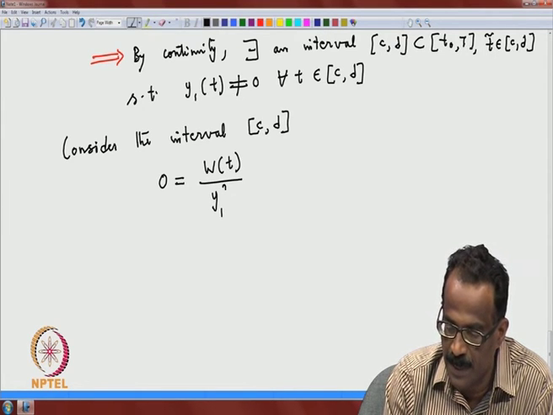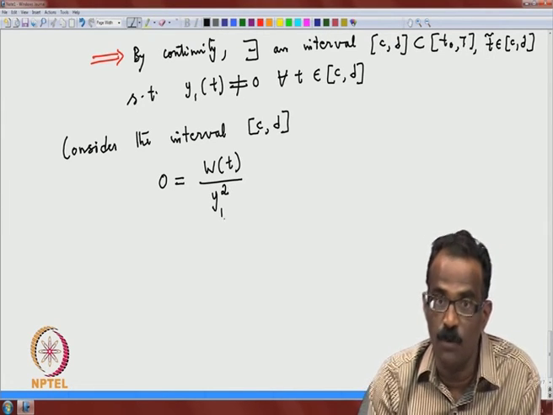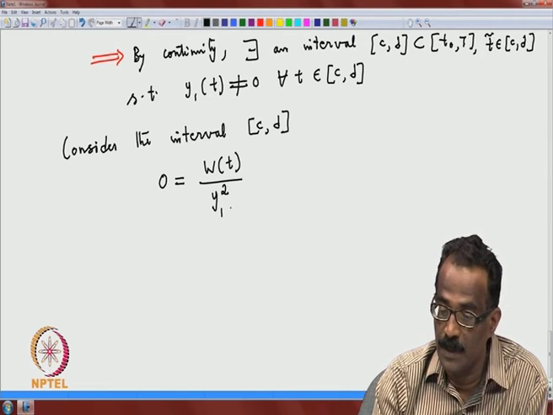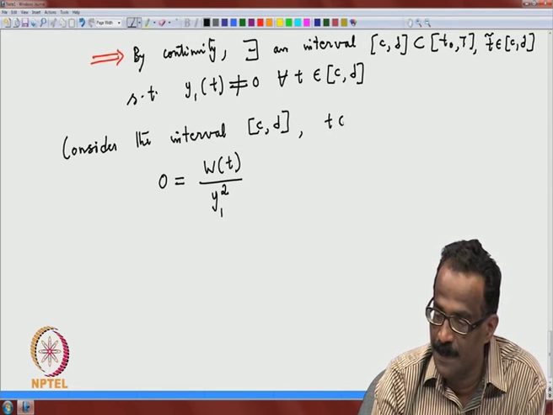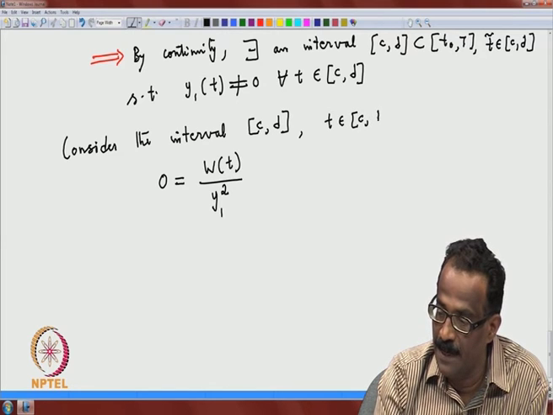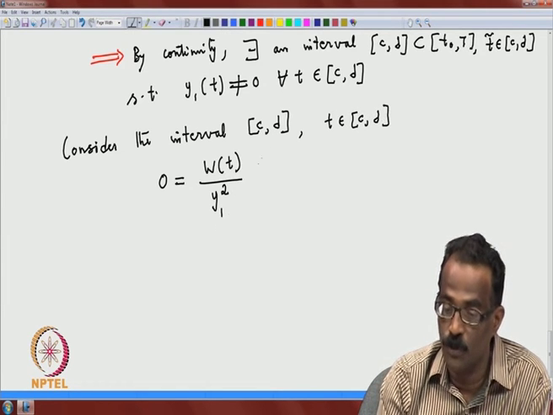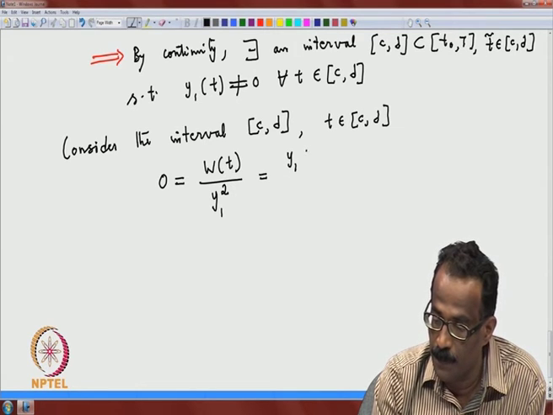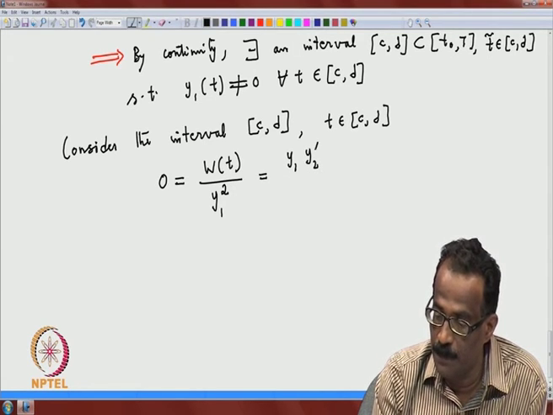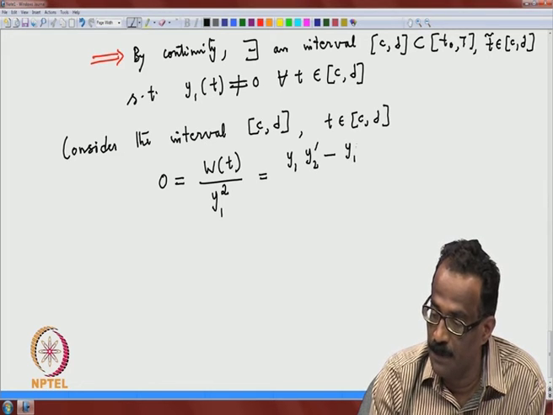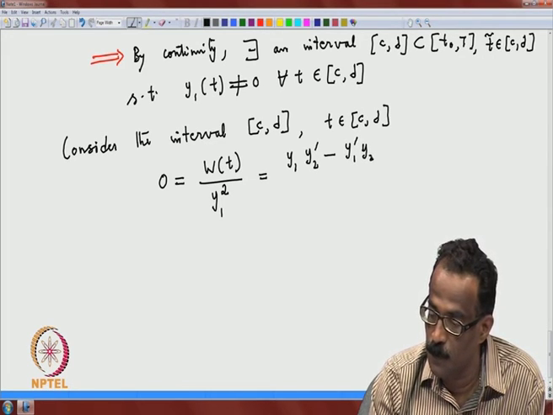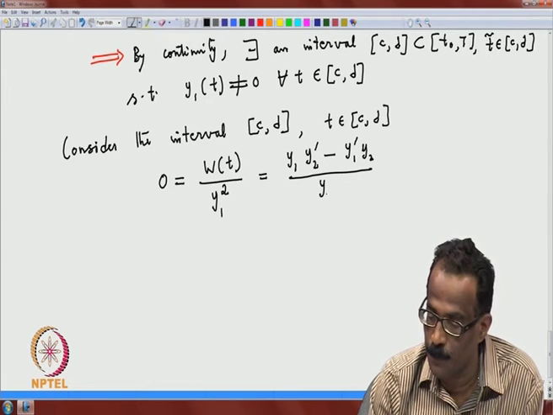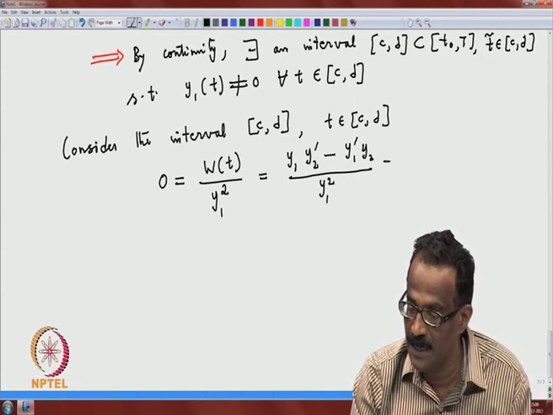This is a construction, and this is allowed because for t in CD, y1 is not equal to 0. So now you write this as y1 y2 prime minus y1 prime y2 by y1 squared.